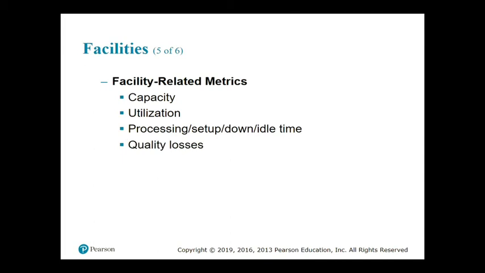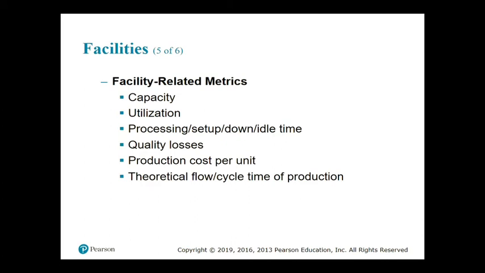And then we have quality losses in the facility, which is self-explanatory. And then we have production cost per unit. So this cost measures the average cost to produce a unit of product, and then we have the theoretical flow time or cycle time of production.